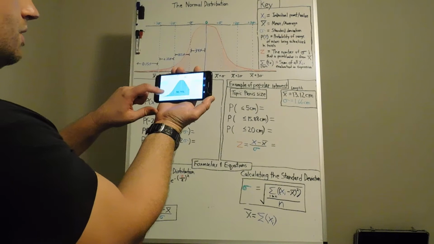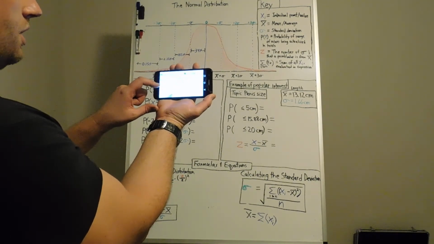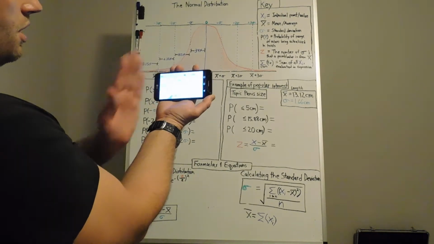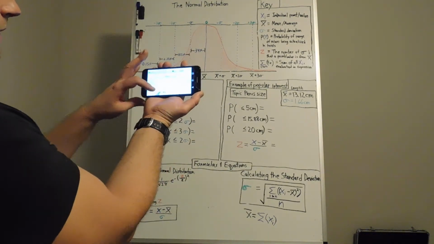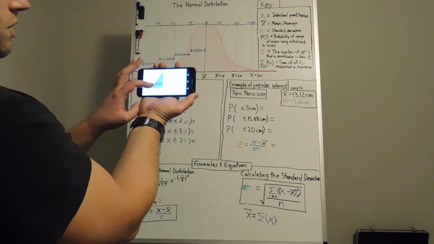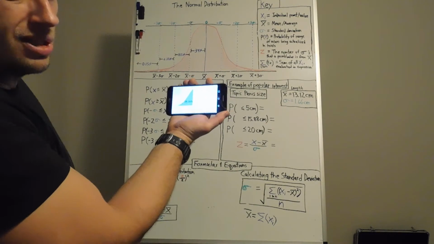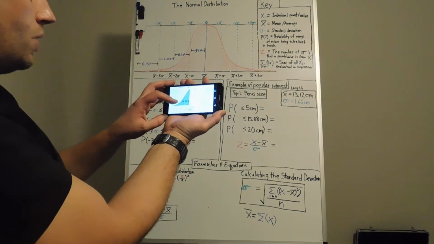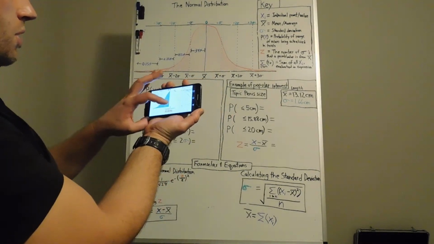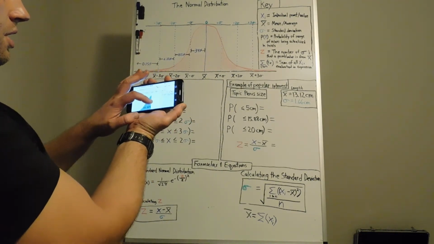And you can also adjust it. If you scroll up, you can adjust it to 0 to z, or up to z, or z onwards, which would just be the right part. And you can actually look at the actual percent probability. So in this case, if you're just using probability, which actually isn't a percent, it would be 0.3936 is your probability, which is just over a third, almost 40%.